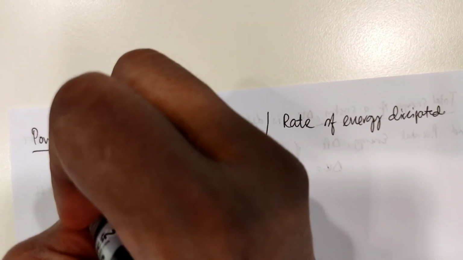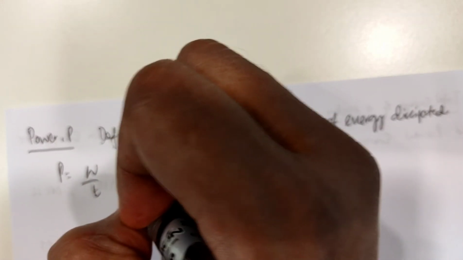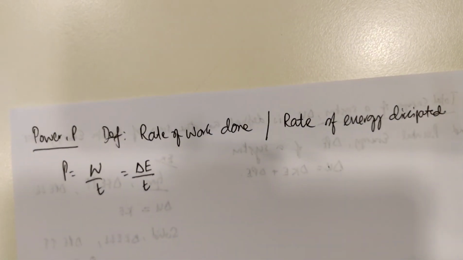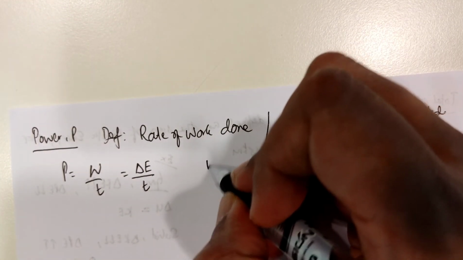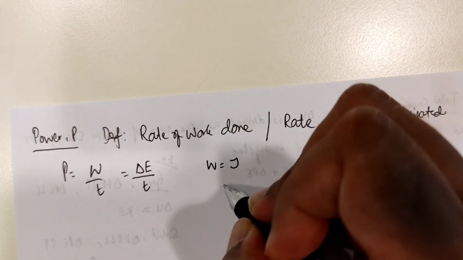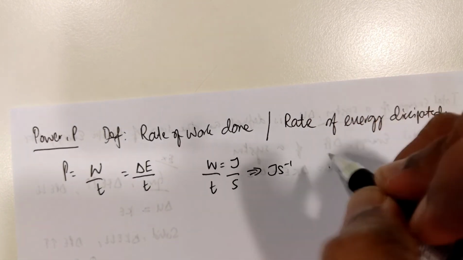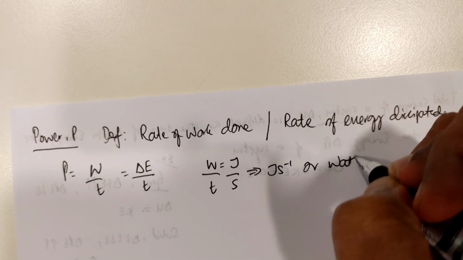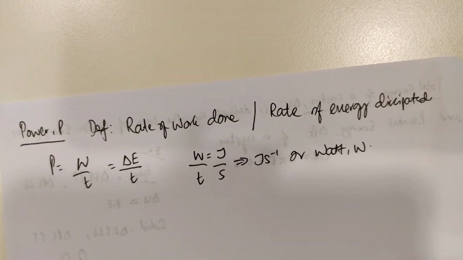So power is the work done per unit time, or the energy dissipated or changed per unit time. W is in joules, divided by time, so you get joules per second, or simply watts, W. That is the unit of power.